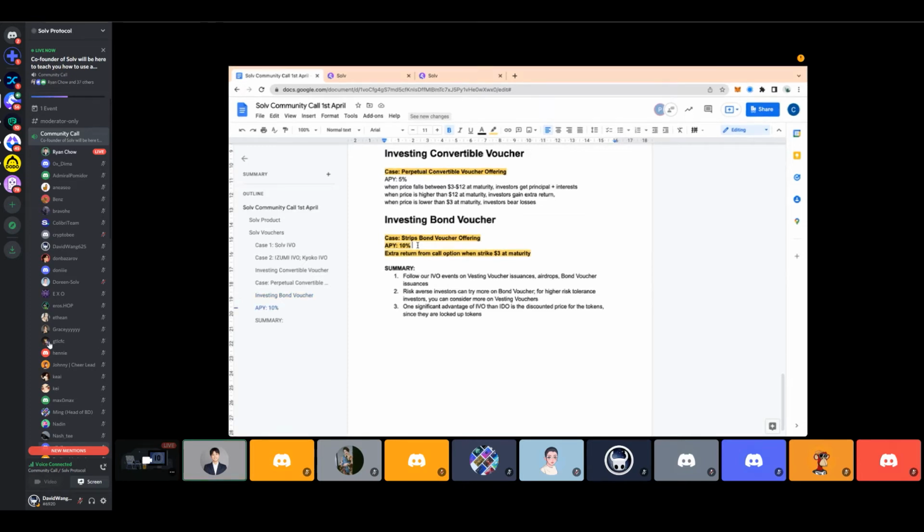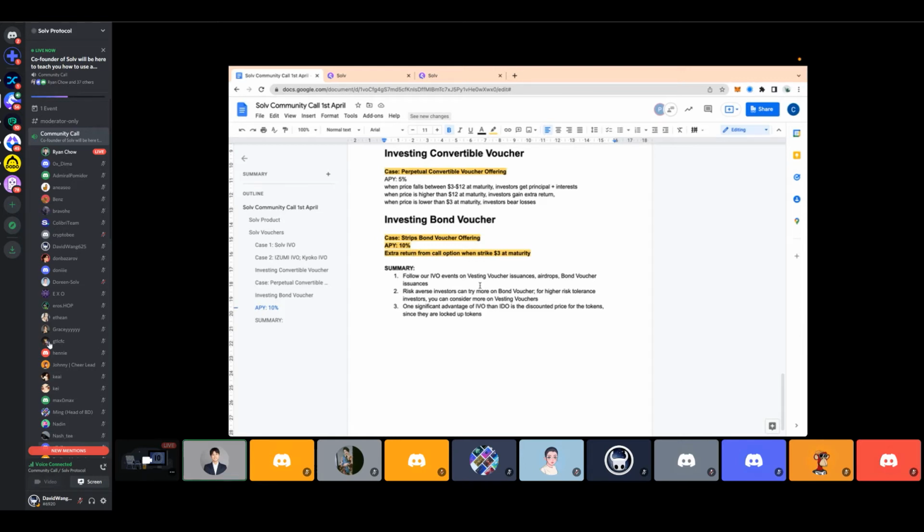When you invest in such financial instruments, please do notice that here it is at least 10%. You can earn at least 10% as APY, and also you can earn some extra return from options when the strike price of the option, $3, is met.